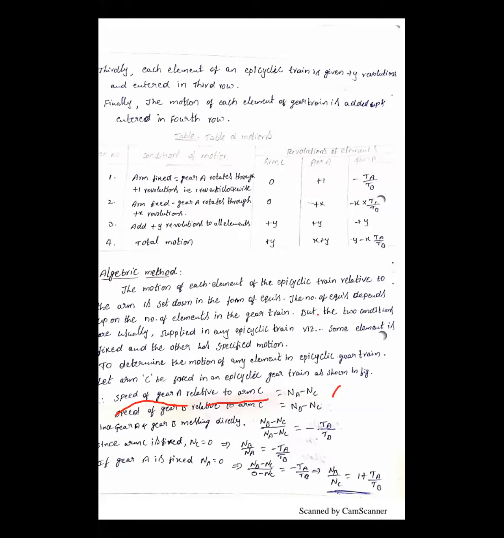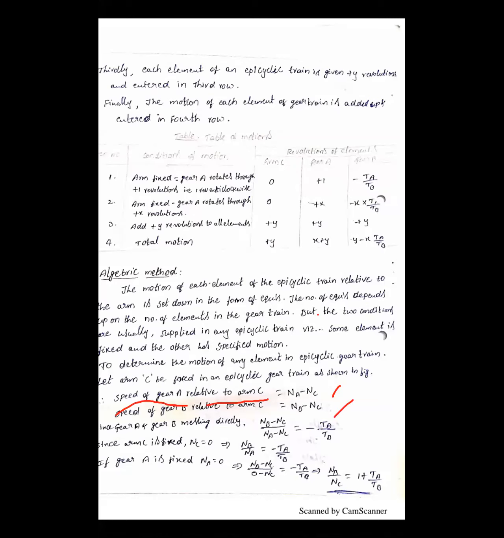NA minus NC is the speed of gear A, and NB is the speed of gear B. Those are meshed in our gear train, so we find the speed ratio.